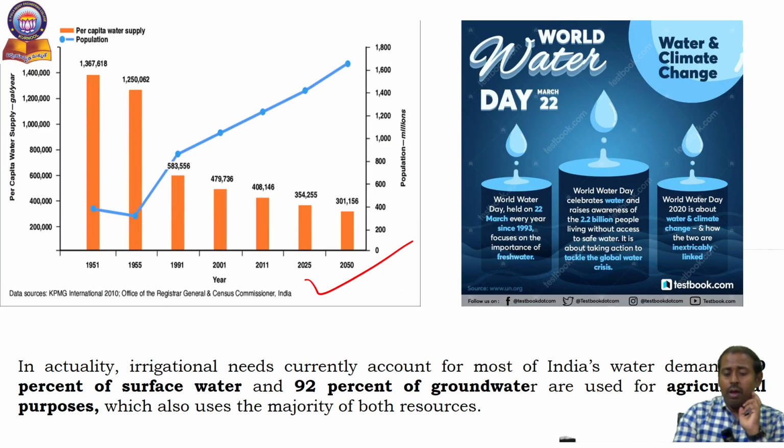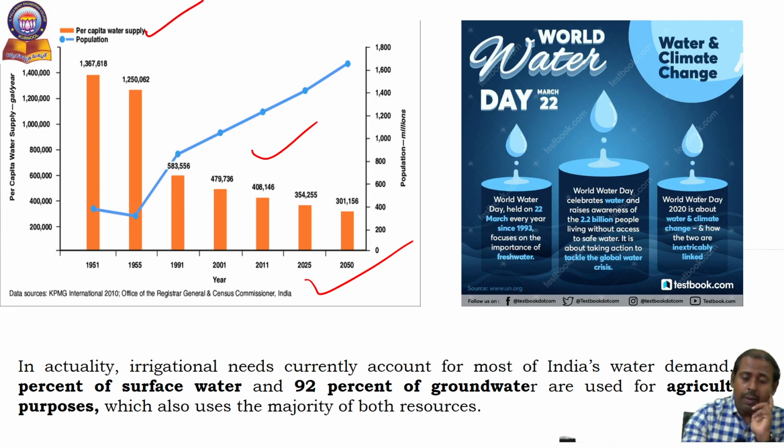What condition is this graph showing? It is the per capita supply of water and population. The blue line represents the population and per capita water supply. The supply of water is decreasing year by year.